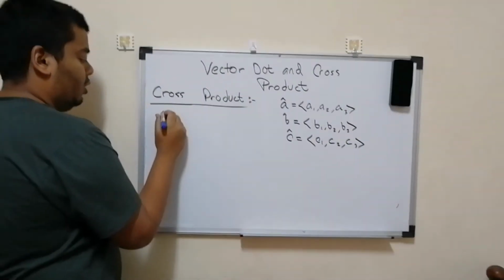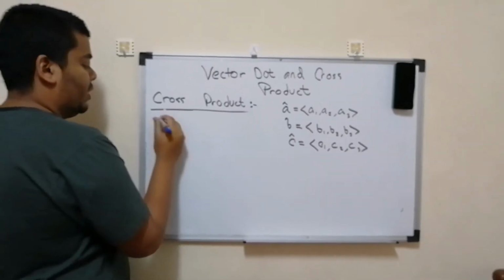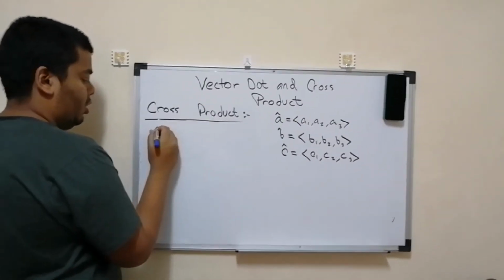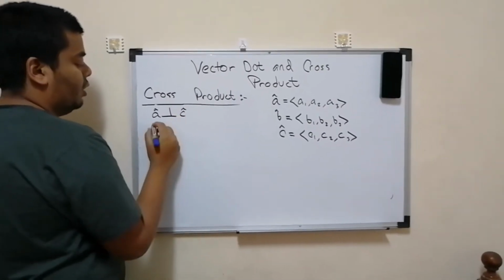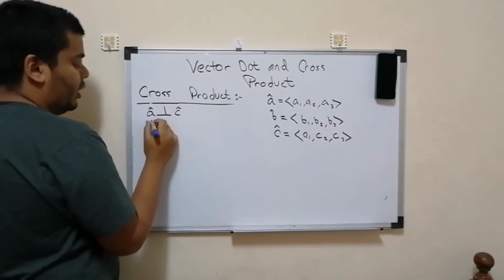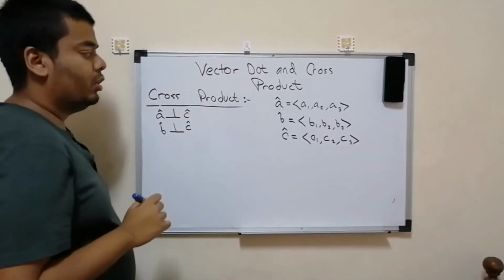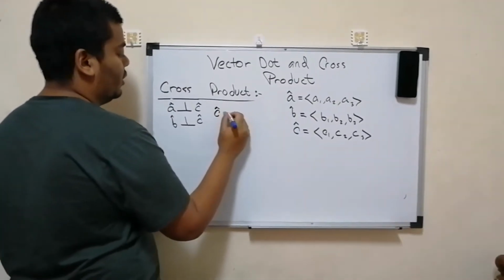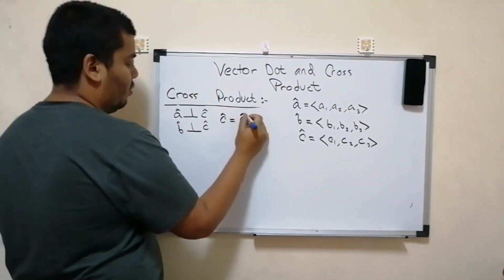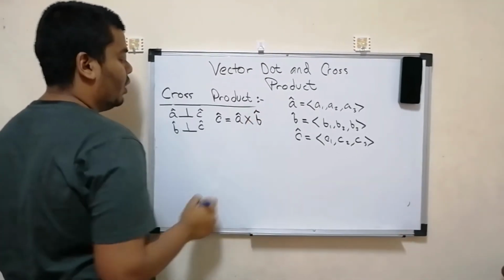Vector A is perpendicular to vector C, and vector B is also perpendicular to vector C. So we can say that vector C is the cross product of vector A and vector B.